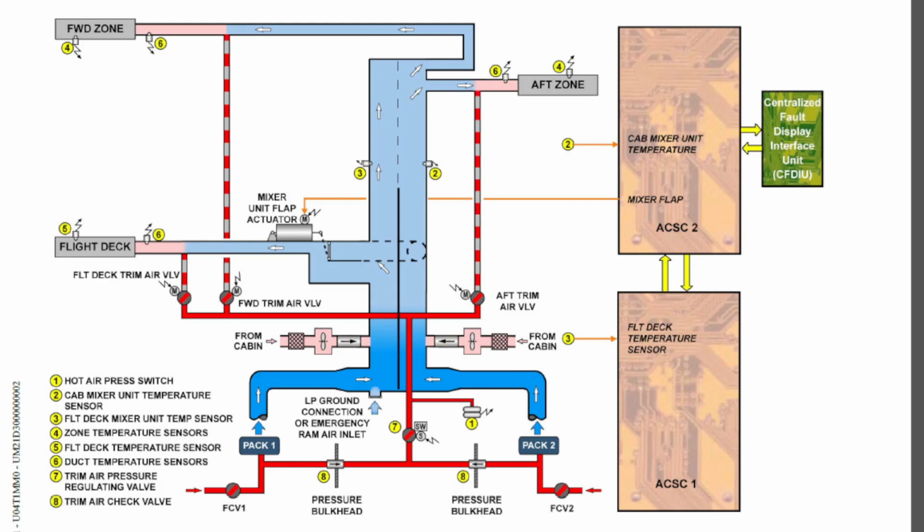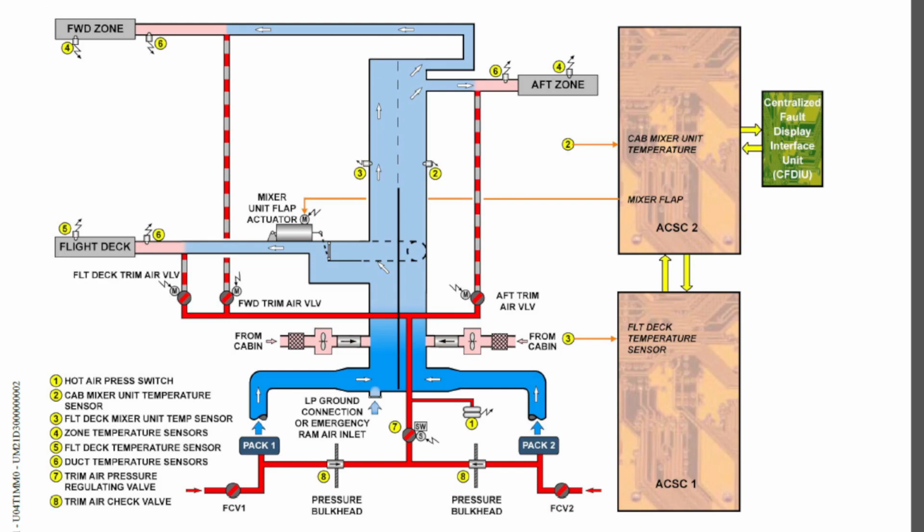So the sensor sends a signal to its related computer, the computers talk with each other, and air conditioning system control computer 1 will de-energize the solenoid of the trim air pressure regulation valve, thereby closing the valve.